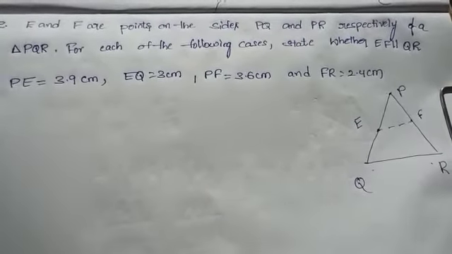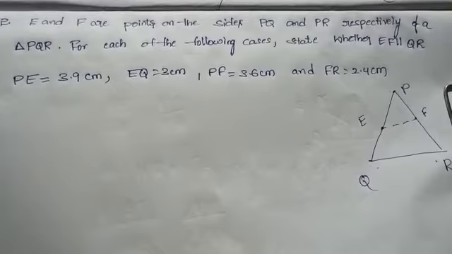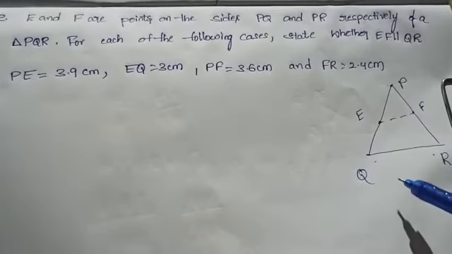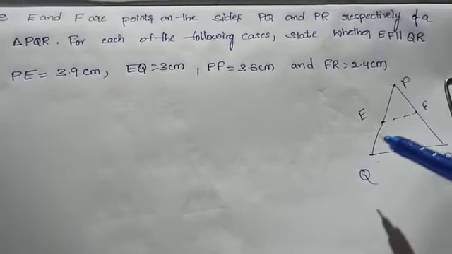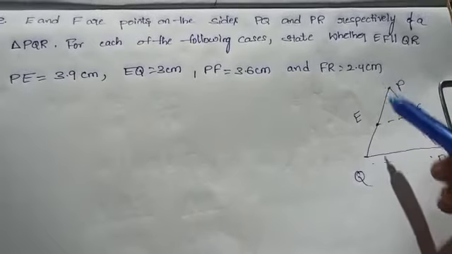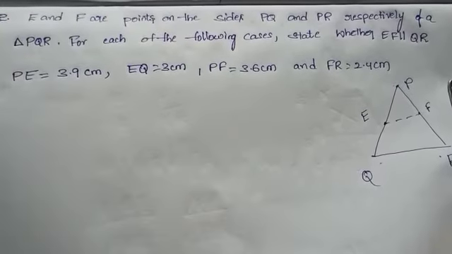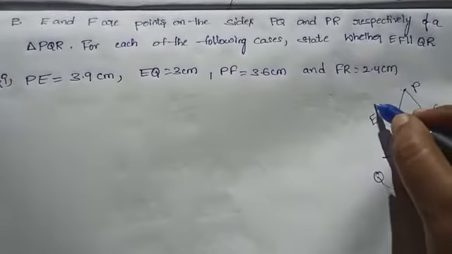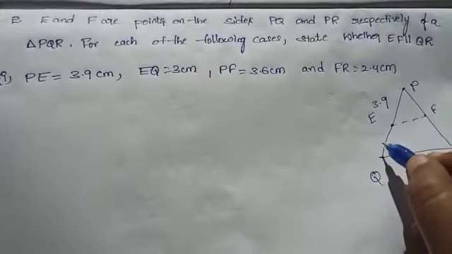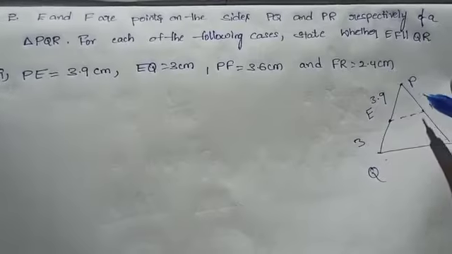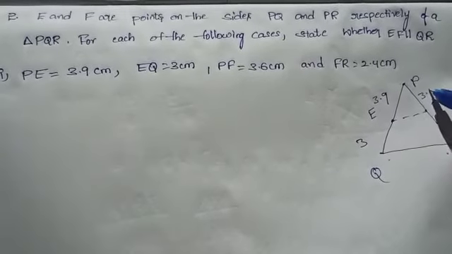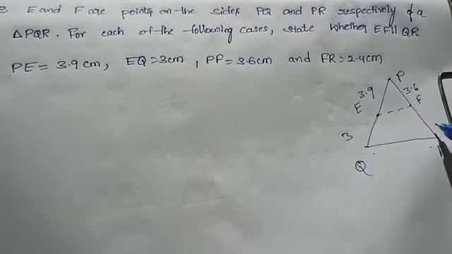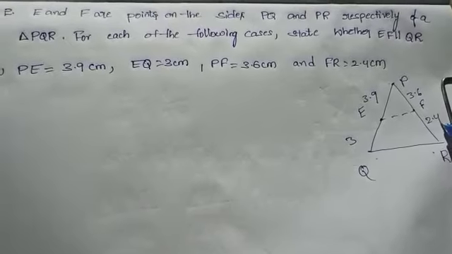We know Thales theorem. According to Thales theorem, if one line is parallel to one side of the triangle, that line divides other sides in same ratio. Okay. Here given PE equal to 3.9 and EQ equal to 3 centimeters, PF equal to 3.6 centimeters and FR equal to 2.4 centimeters.